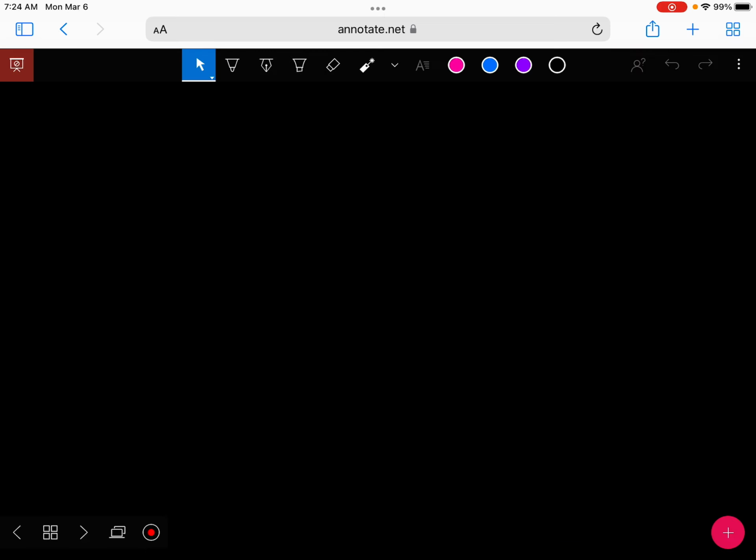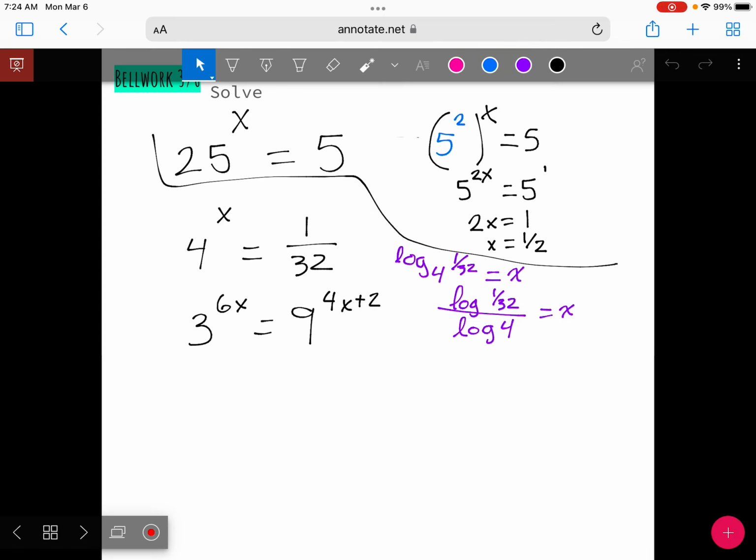It's a whole mood. Okay, so you can just type it into your calculators: log of 1/32 over log of 4. And you can even put it in as a fraction.